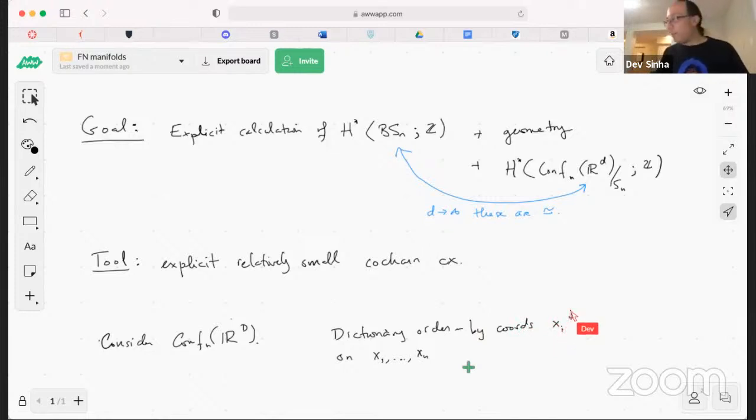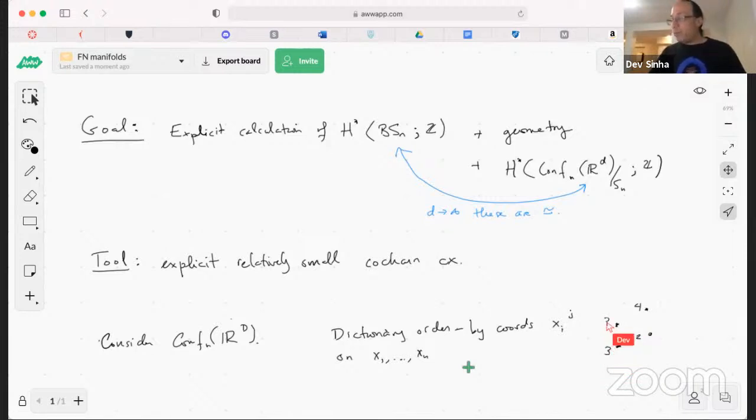So for example, if I have 4 points here, x1, x3, x2, x4, then by their first coordinate, 1 and 3 are most to the left, and then by the second coordinate, maybe I'll reverse their roles.